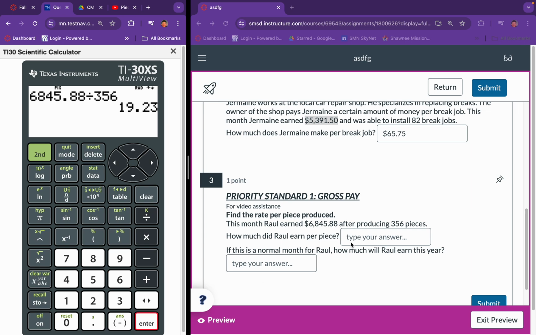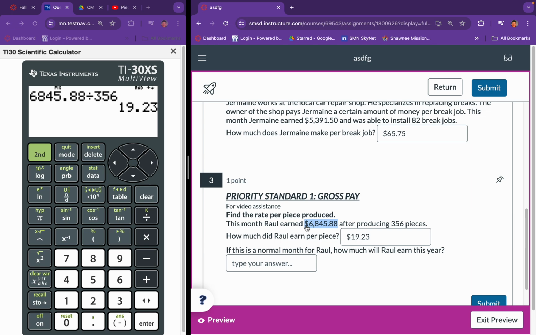One piece was $19.23. So if he came in and did one piece and one piece only, he got paid $19.23. For every piece he created or every piece he produced, he got $19.23. This month, Raul came to work and he hammered out 356 pieces. He produced 356 pieces and was paid $6,000.